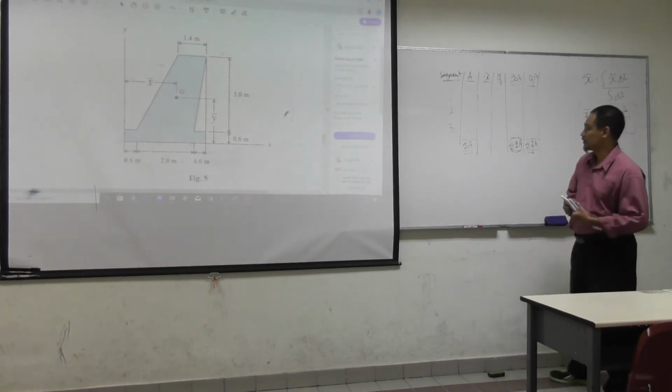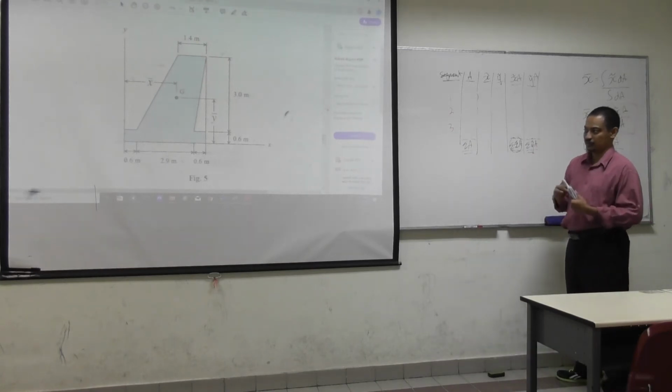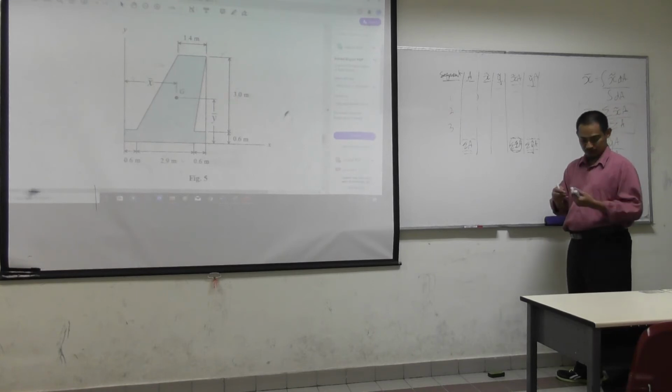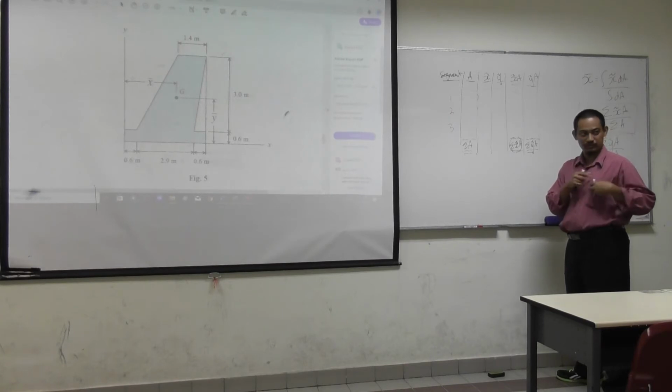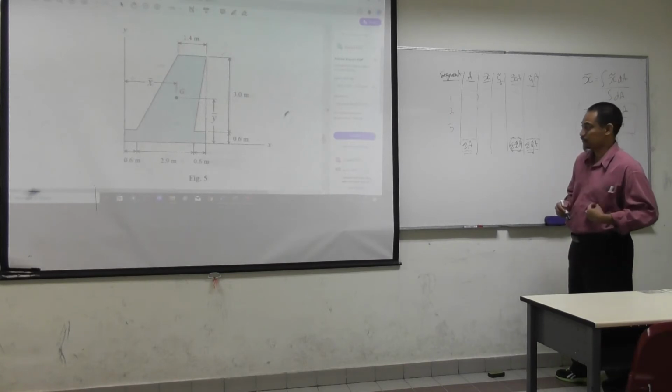In this case you have triangles and rectangles. Of course there are other options, as you can see in the table, but some of them require more calculation.